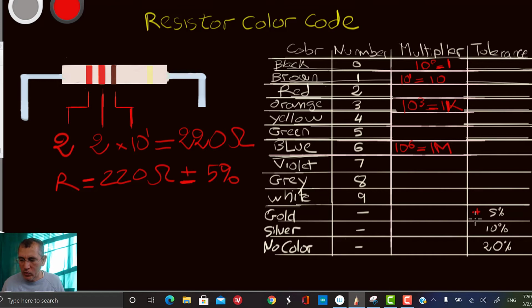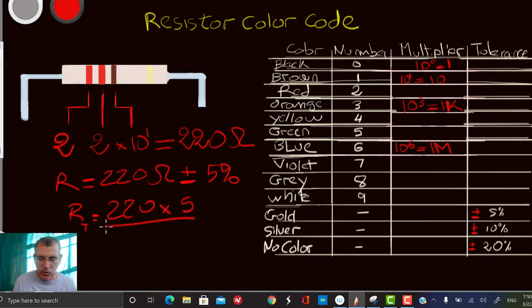And if we don't have any color, that's a higher tolerance. To calculate the tolerance, R tolerance, you take the 220 ohms, multiply it by 5, and divide the whole thing by 100. You can do the math. That's how you calculate your tolerance.